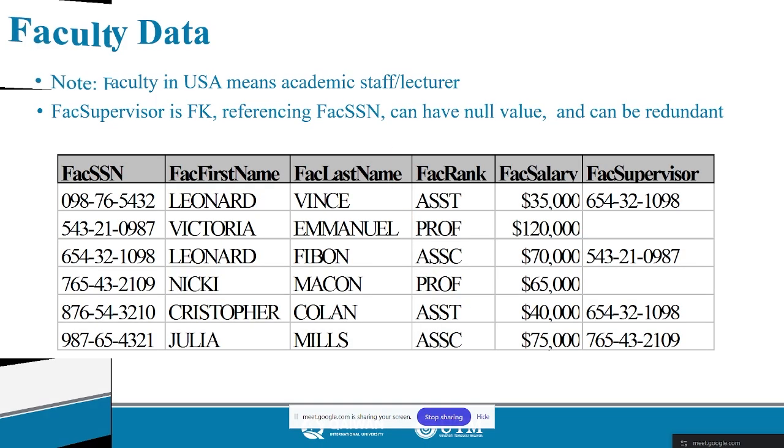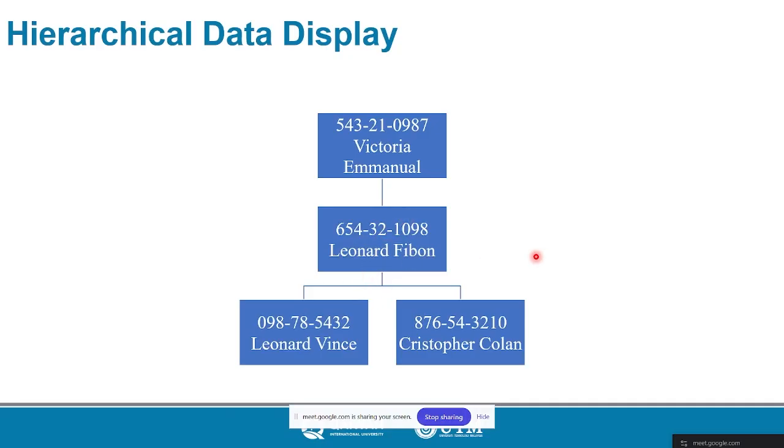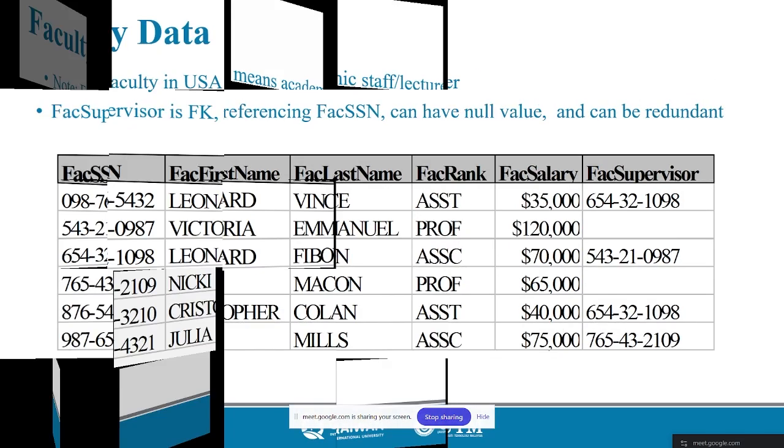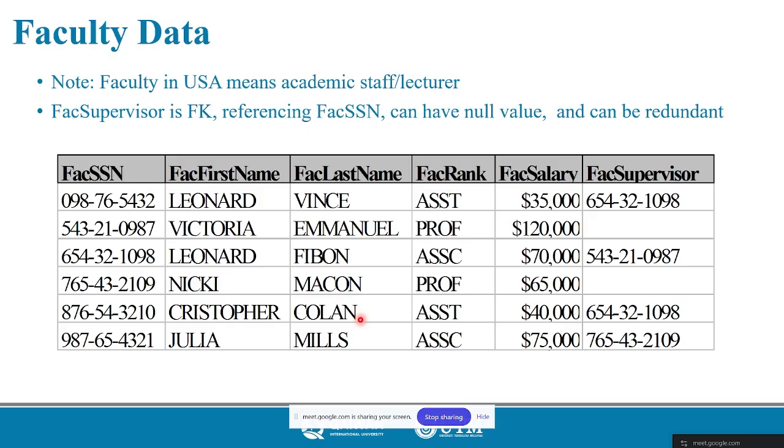Now, how about Leonardo Fibin having these two, Leonard Vins and Christopher Colon? You see that Christopher Colon and Leonard Vins both have 1098, 1098, and 1098 is the serial number for Leonardo Fibin.